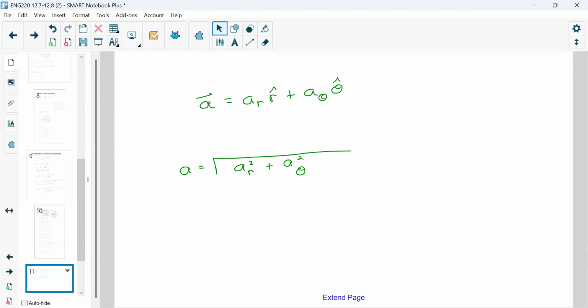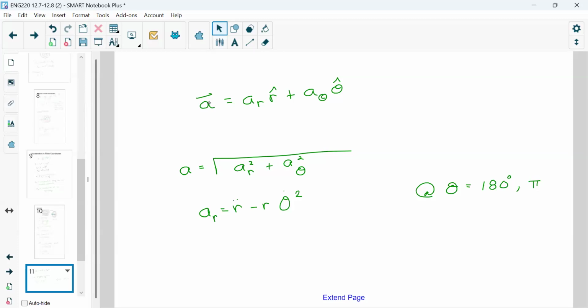All right, and so A sub r is going to equal r double dot minus, is it minus? R theta dot squared.